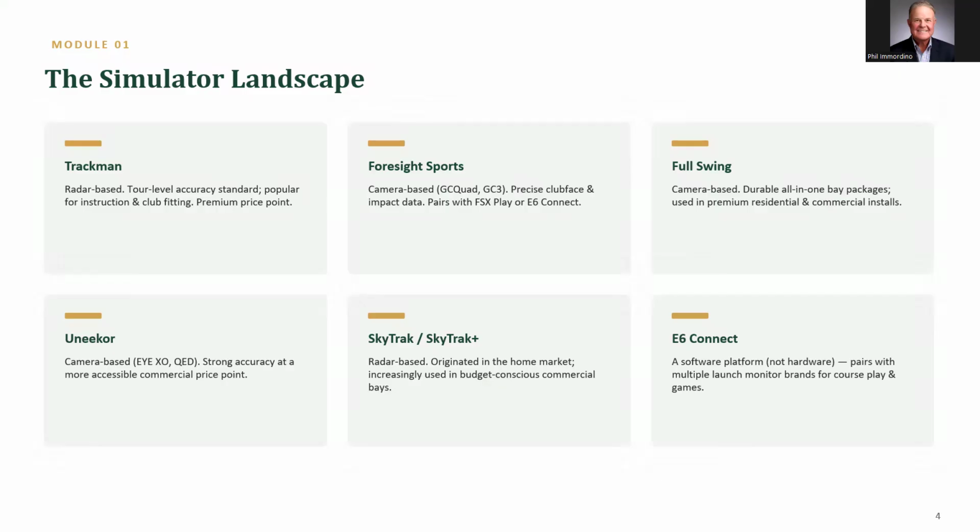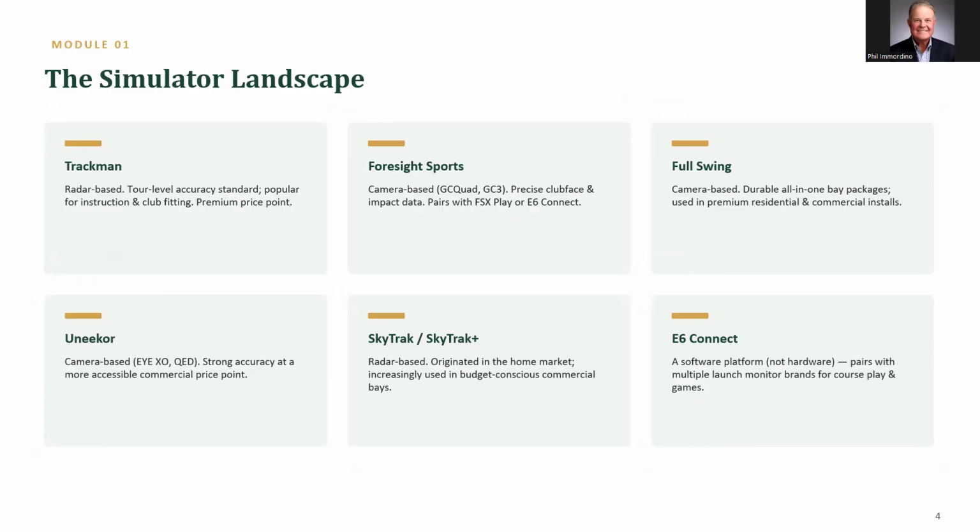TrackMan is radar based and widely regarded as the tour-level accuracy standard. It's popular for instruction and club fitting, and it comes at a premium price point. Foresight Sports, with its GC Quad and GC3 units, is camera based and known for precise club face and impact data.